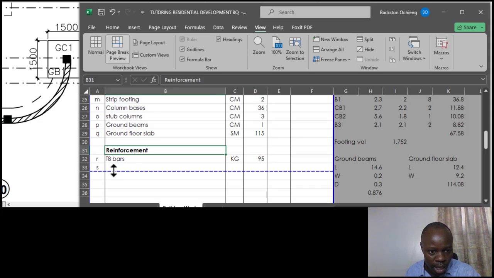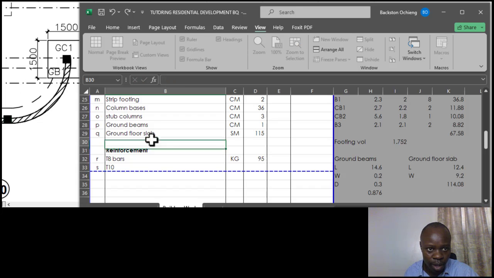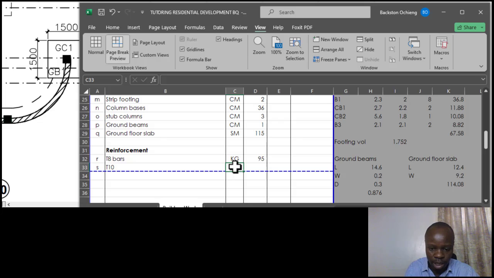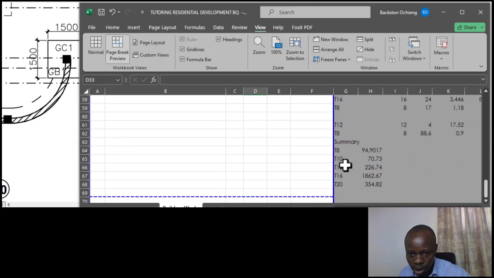So this is S, and the bar is T10. T10 kg. What's the kg for the T10? T10 is 71.